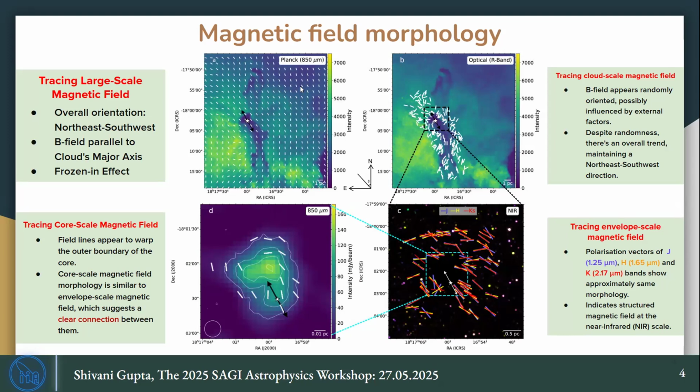In the first figure, the magnetic field is mapped by Planck, which traces the large scale magnetic field. Here we can see that the overall orientation is in the northeast-southwest direction, and the B field is also parallel to the cloud's major axis, which also shows the frozen-in effect.